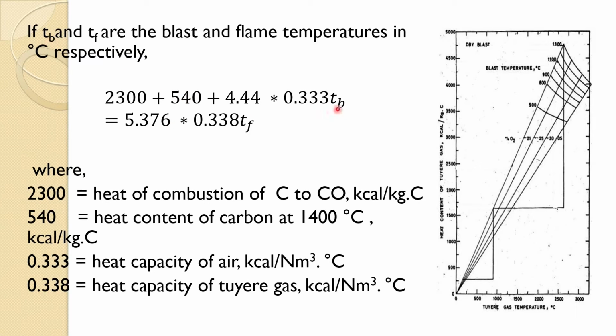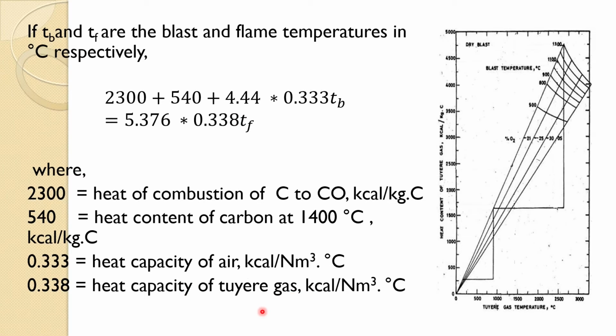So, Tv is the blast temperature and Tf is the flame temperature. 2300 is the heat of combustion of carbon to CO in kilocalories, and 540 is the heat content of carbon at 1400 degrees Celsius in kilocalories, and 0.33 is the heat capacity of air in kilocalories per normal meter cube, and 0.33 is also the heat capacity of the tear gas.